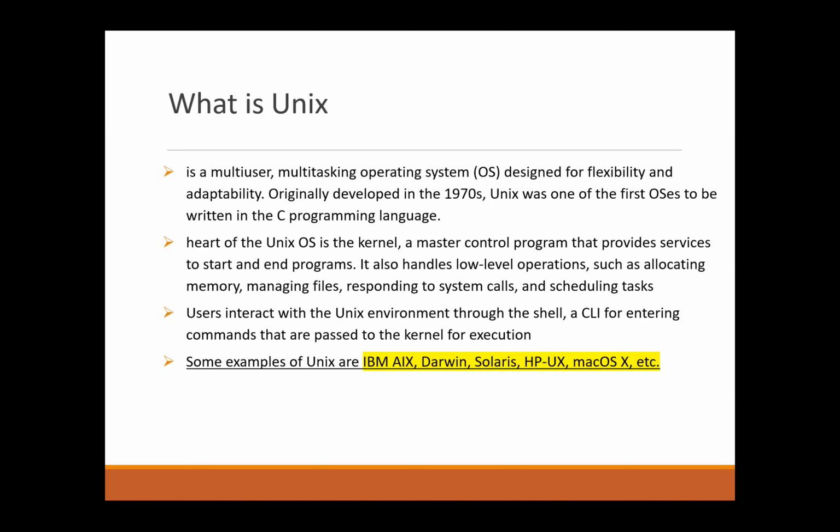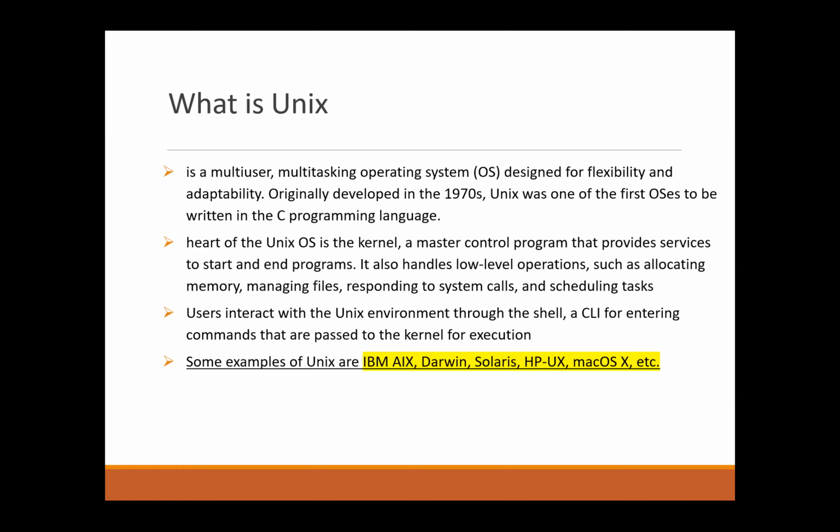So basically Unix is a multi-user, multitasking operating system. It was designed for flexibility and adaptability. In Unix, or in Linux, the main core is the kernel, which sits on the system as a master program that controls the services and the programs.